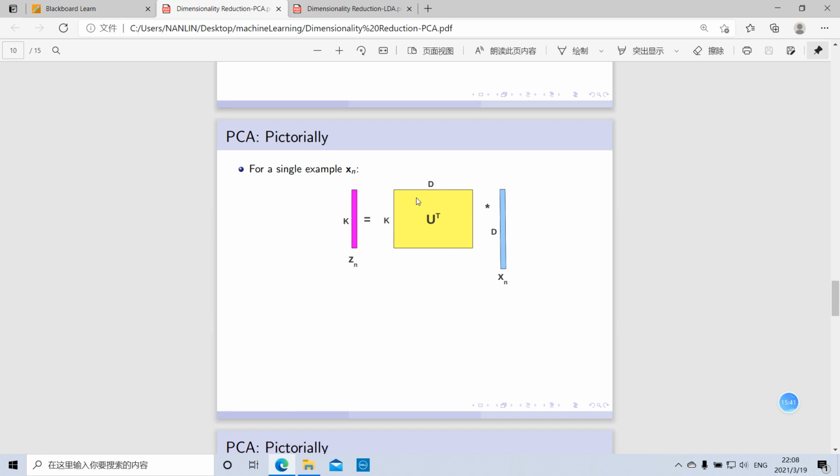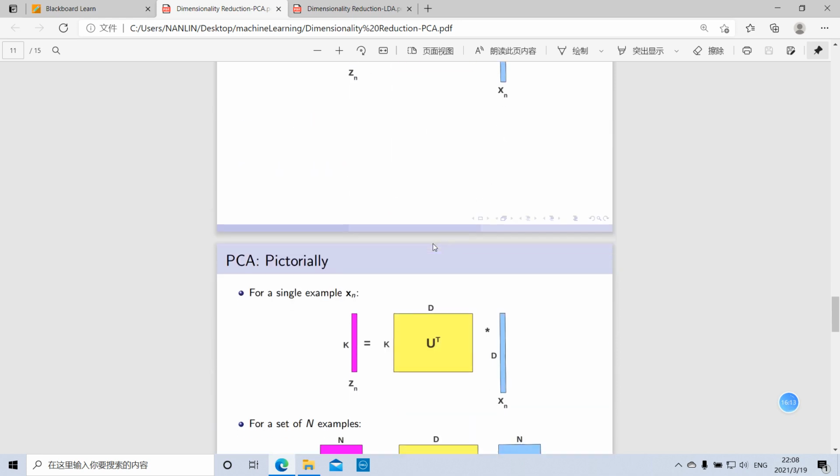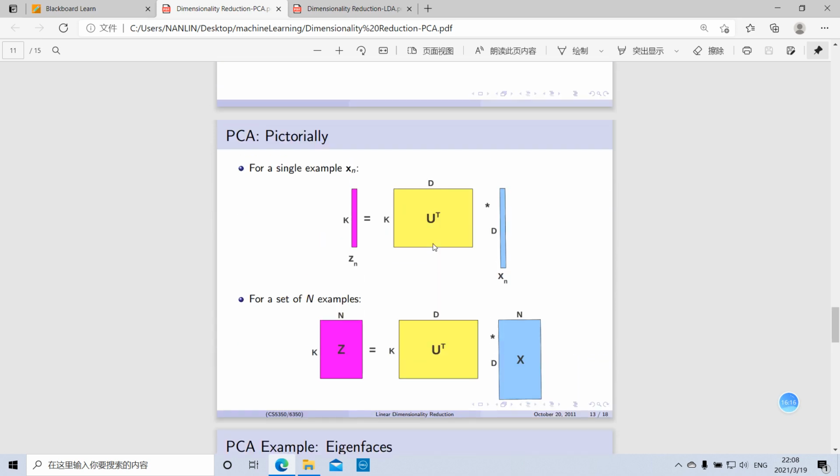So you can see, if we only preserve the principal components K, and we also know U, the projection matrix, then if we have the compressed data and also the projection matrix, we can reproduce the original data. This can be seen with larger data samples. You can see the size of the projected unit remains the same.